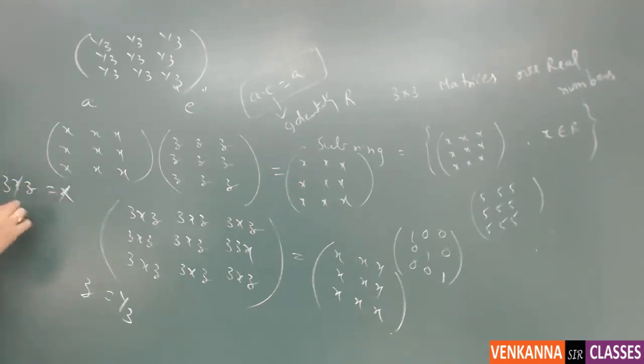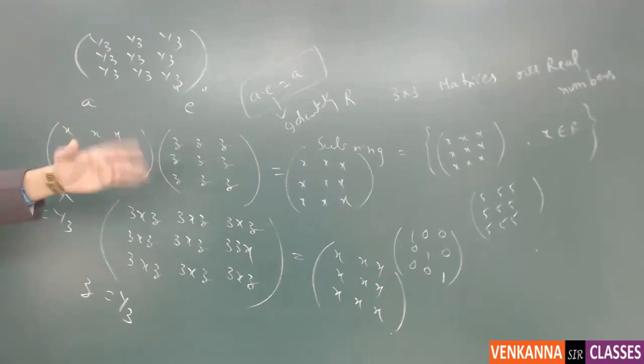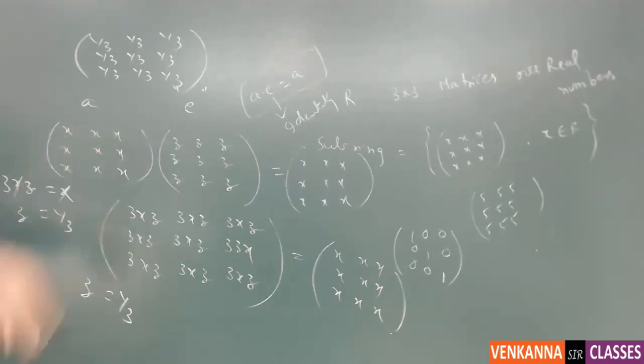So x gets cancelled, z is equal to 1 by 3. You accepted or not? So this is the identity element in the subring which you have taken. So a very good example is that the ring and subring may have different identities. Clear for everyone?